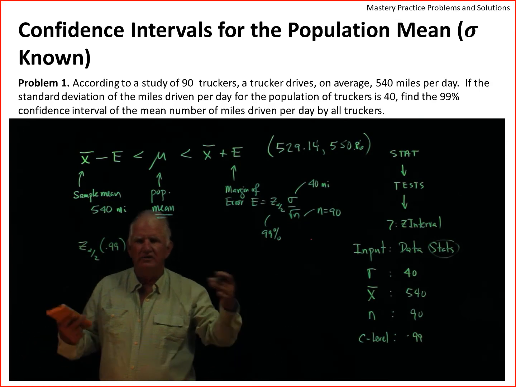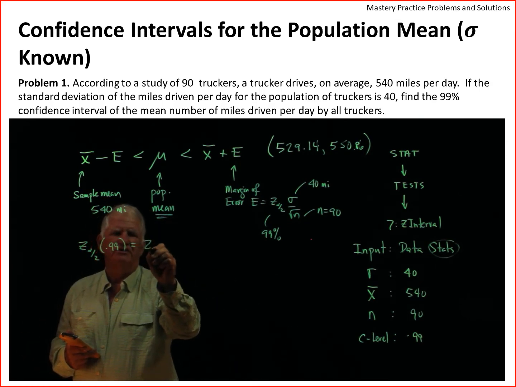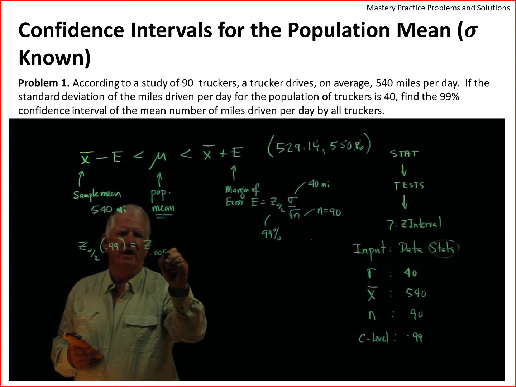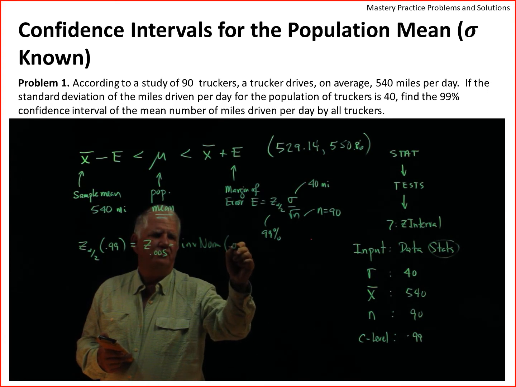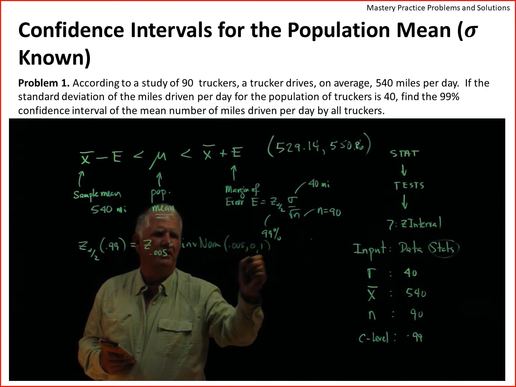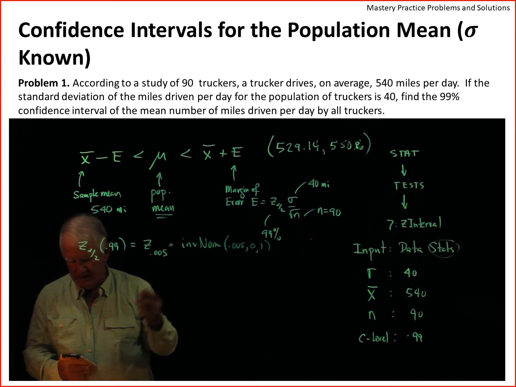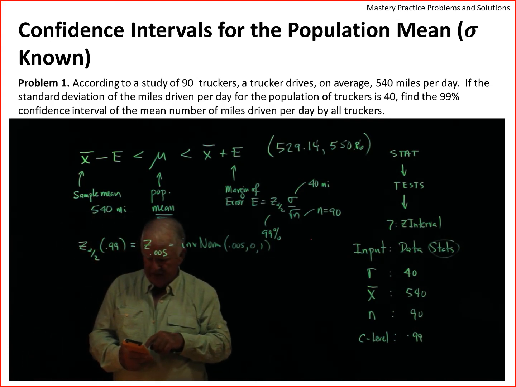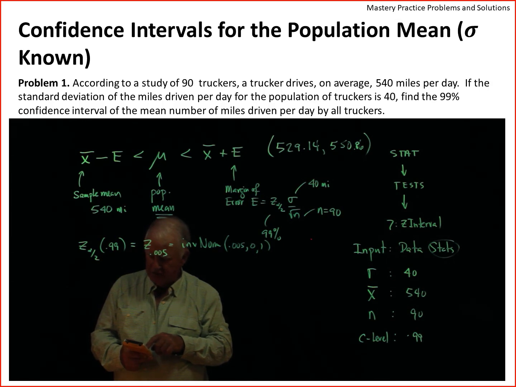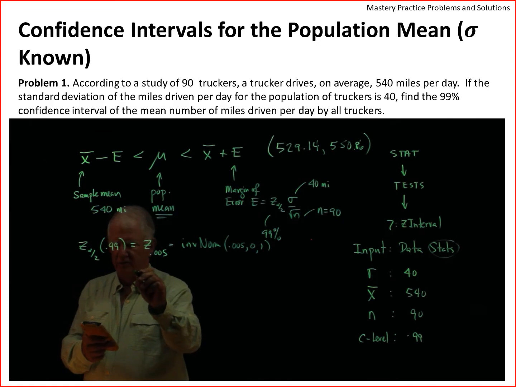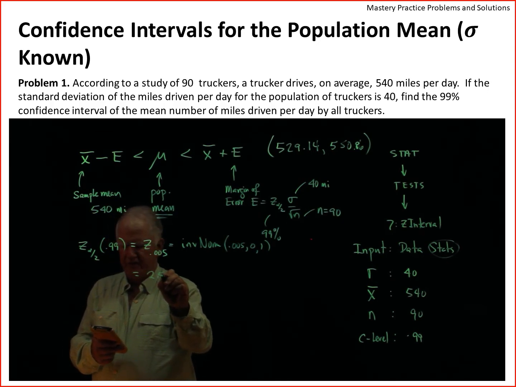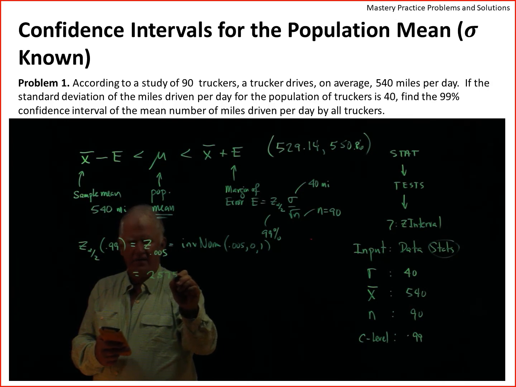For 99%, that leaves 1% in the tails, half of 1% in each, which means this is z.005, and that's inverse norm of 0.005. Let's calculate that real quick. In this case, I've got to go to distribution, down to inverse norm, put in 0.005 and 1, and it will tell me that this number is 2.5758.